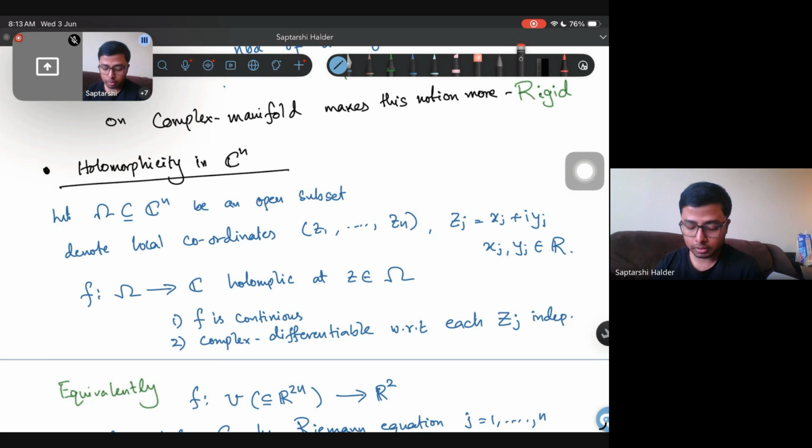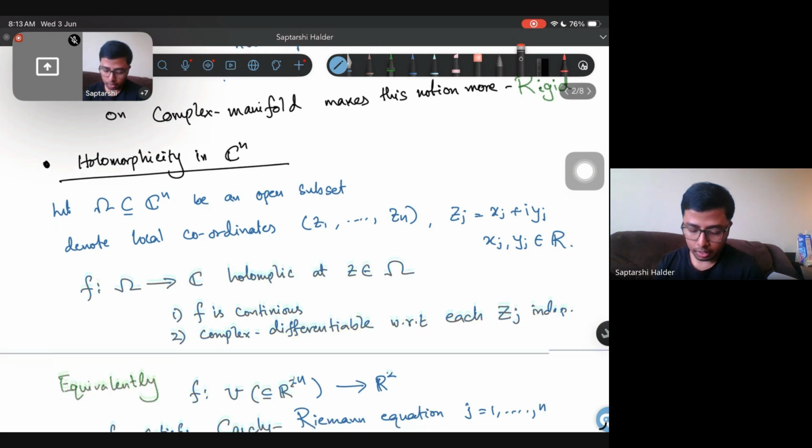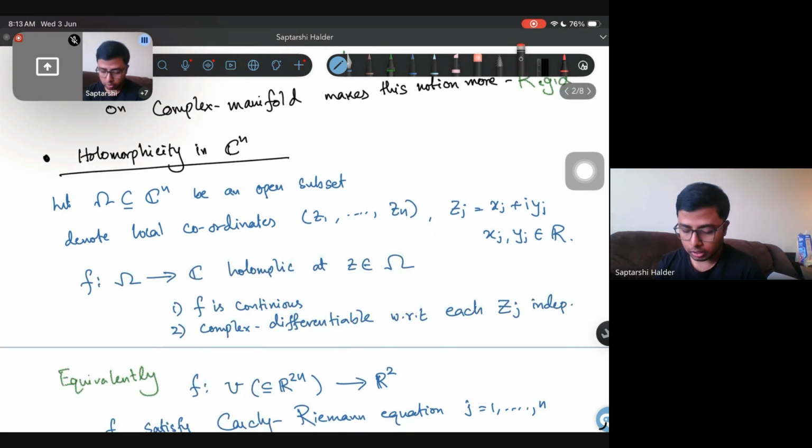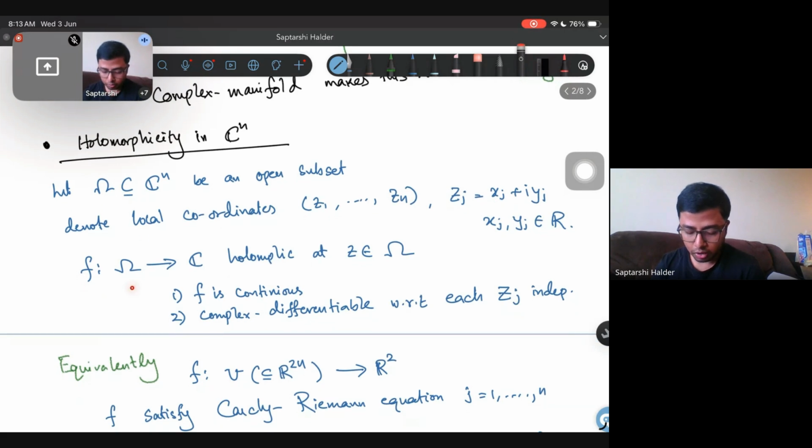If we have an open subset of C^n, and we denote the local coordinates z_1 up to z_n, where z_j splits into x_j plus i y_j, with x_j and y_j in R, then we say a function f from that open subset to C is holomorphic at a particular point.